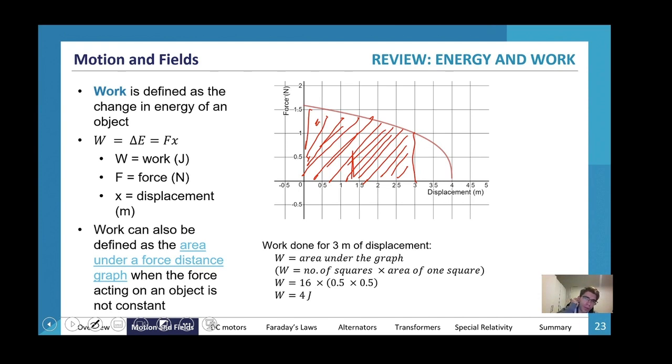The area of one square can be found by multiplying 0.5 with 0.5. Now, obviously, this works only and only if the displacement shown is in meters.